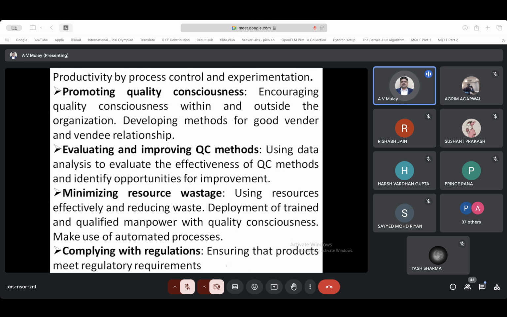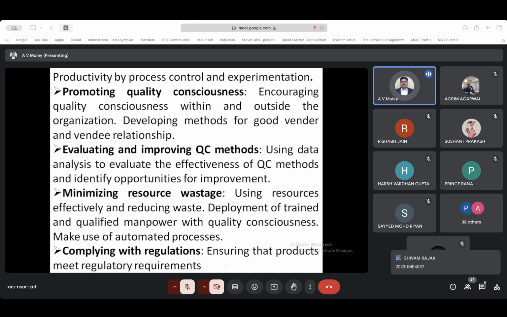Promoting quality consciousness, that is the important aspect. If some company is, for example, promoting the consciousness about quality among the workers, among the people working in that particular organization, so that quality is the motto, by using different means to promote the quality, etc. Encouraging quality consciousness within and outside the organization, developing the methods for good vendor and vendee relationship.